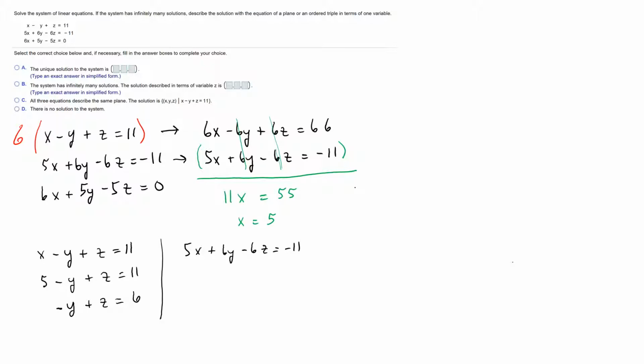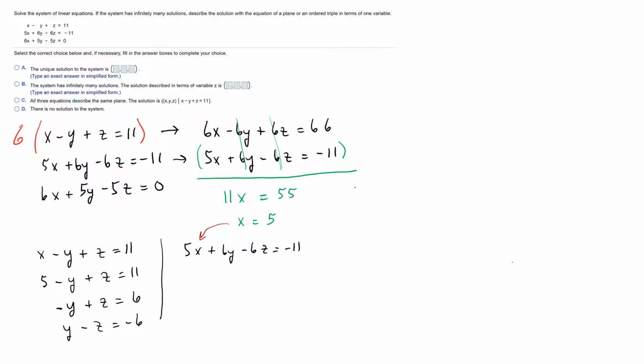Well, it's not necessary, but back over here on the negative y plus z equals 6, I'm going to divide the equation by negative 1 just because I like to have that first term positive. That wasn't really needed. I just like to have the first term positive, so I went ahead and divided by negative 1.